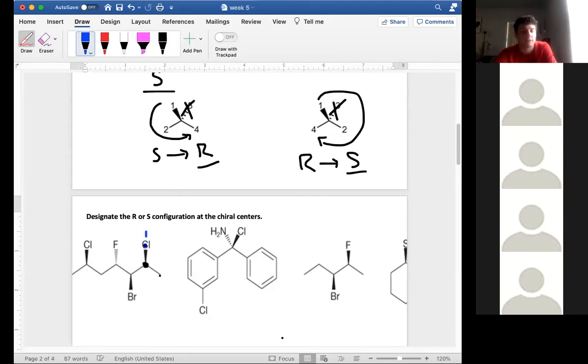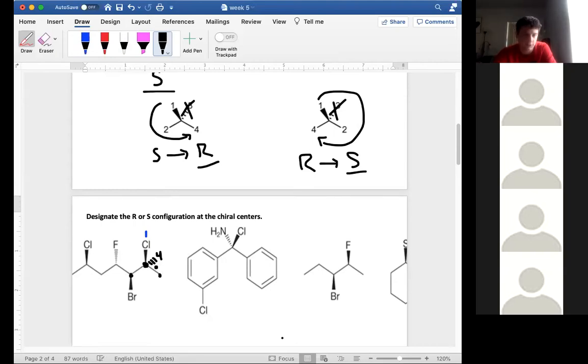And I always like to find my first and last. So can somebody tell me what our 4th priority would be? The H that is hidden? And in this case, it would be dashed. So our 4th priority is that hydrogen dashed. All right. So now we're comparing this carbon on the left and this carbon on the right.